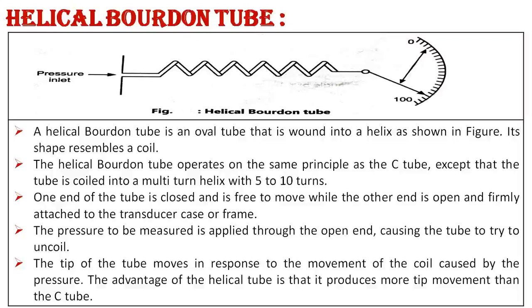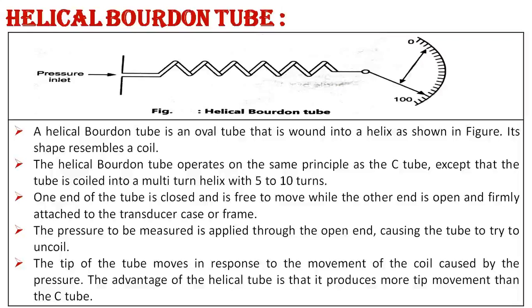One end of the tube is closed and is free to move while the other end is open and firmly attached to the transducer case or frame. The pressure to be measured is applied through the open end, causing the tube to try to uncoil.